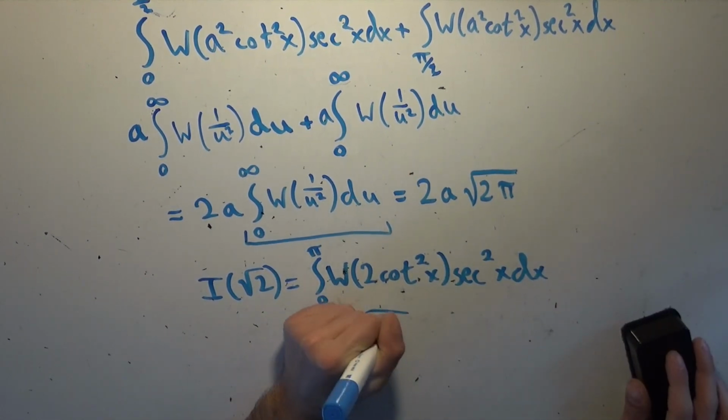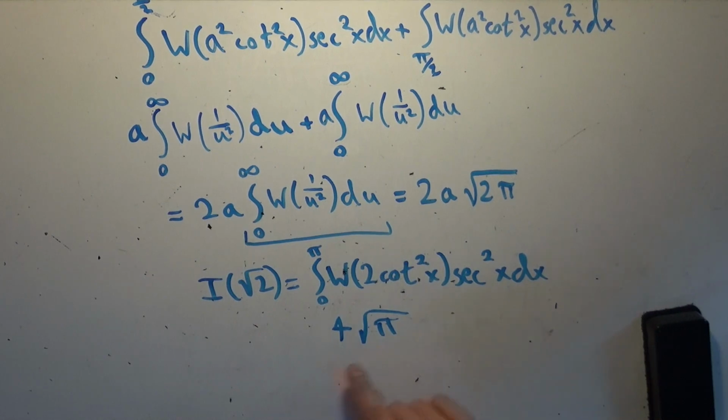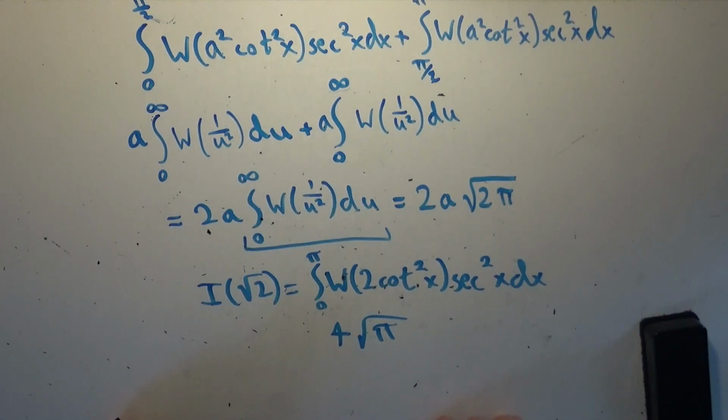So we get exactly 4 times the square root of pi for the case where a equals the square root of 2. So this is a very lovely little definite integral, and it's a nice little problem to solve.